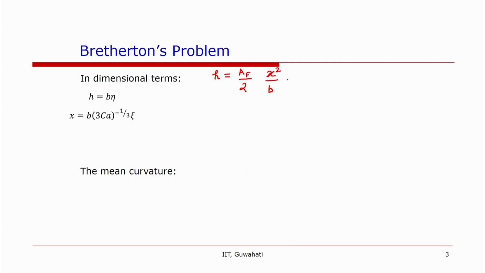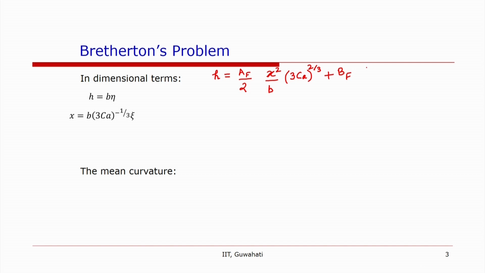So AF by 2, x square by 2, and psi is x over b times 3 Ca to the power 1 by 3, so we will have 3 Ca to the power 2 by 3, plus BF into psi into b.